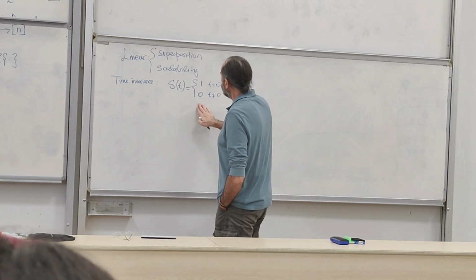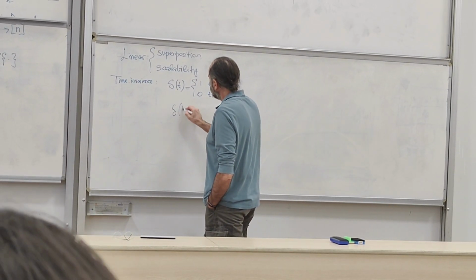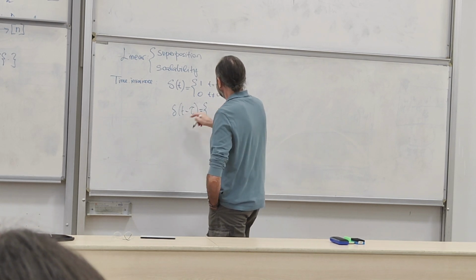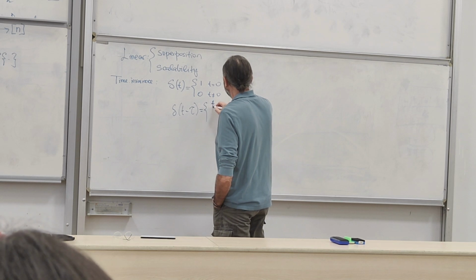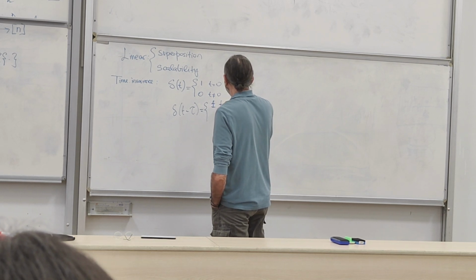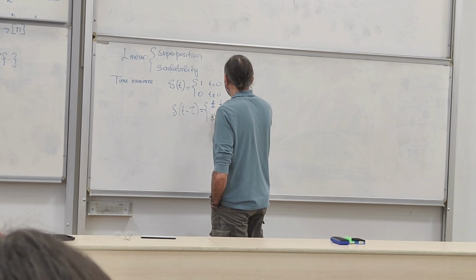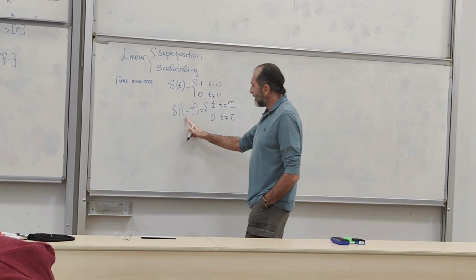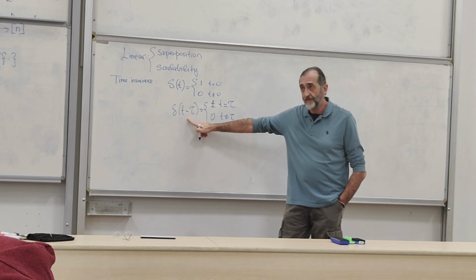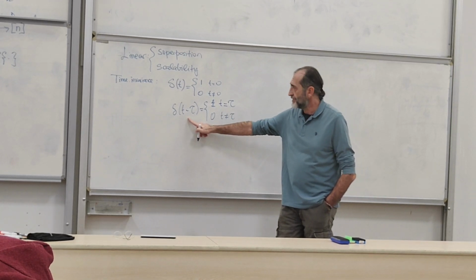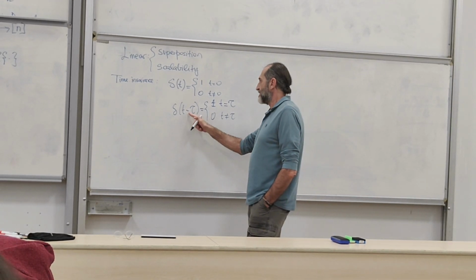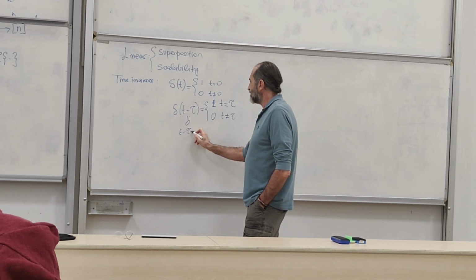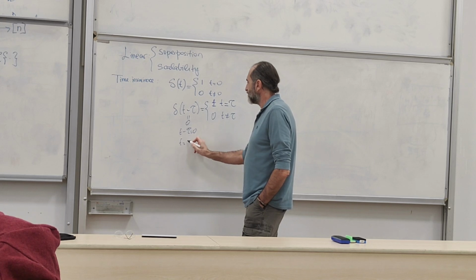And if I say delta of t minus tau, then I mean that delta is equal to 1 when t is equal to tau, and 0 when t is not equal to that. I look at the argument of the function operator, and I set it equal to 0. So t minus tau is equal to 0, therefore t is equal to tau.